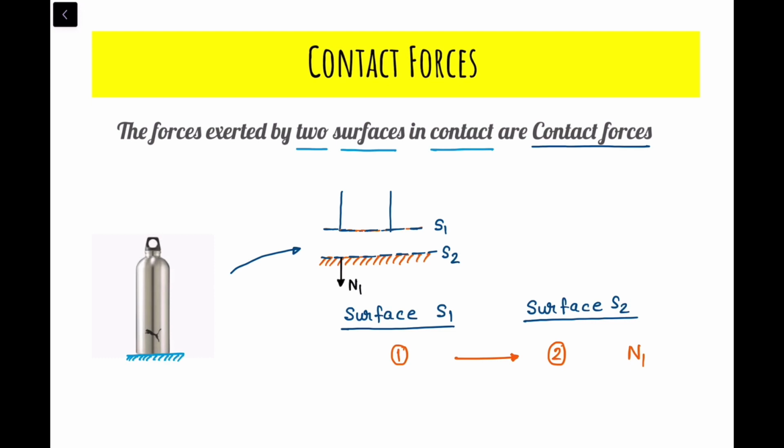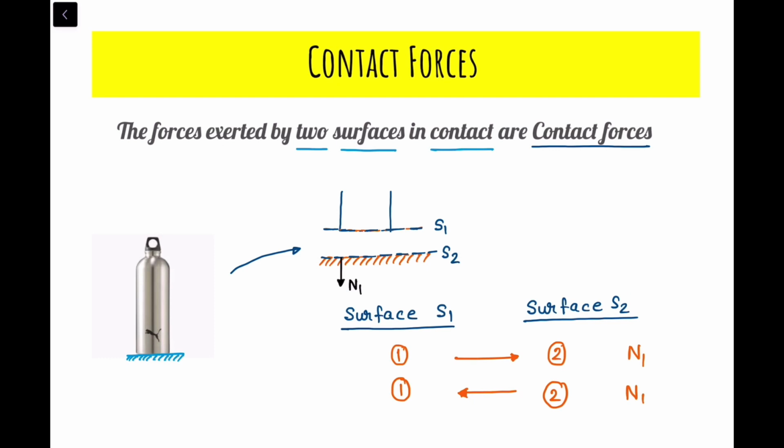Similarly, by Newton's third law of motion, every force has an equal and opposite reaction. Since surface 1 is exerting a force towards surface 2, surface 2 will exert the same force in the opposite direction. So surface 2 will exert a force on surface 1, and the value of that force will be N1 by Newton's third law.